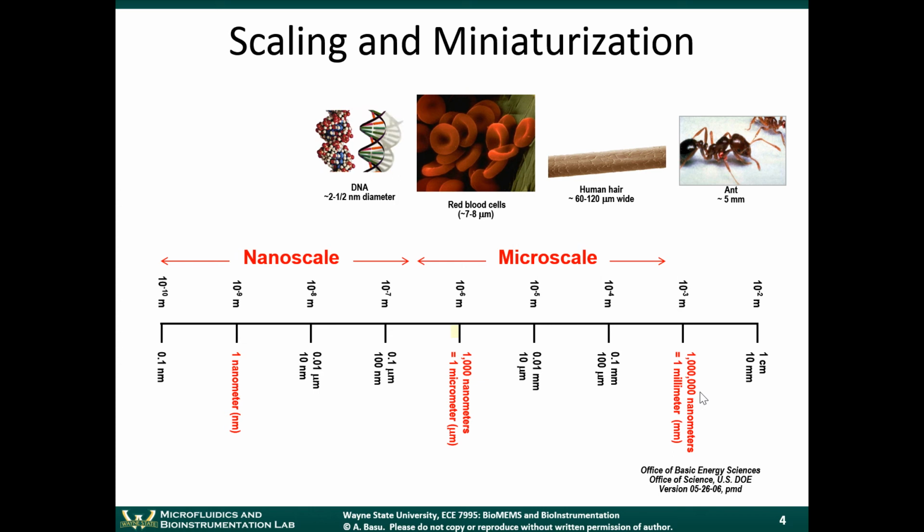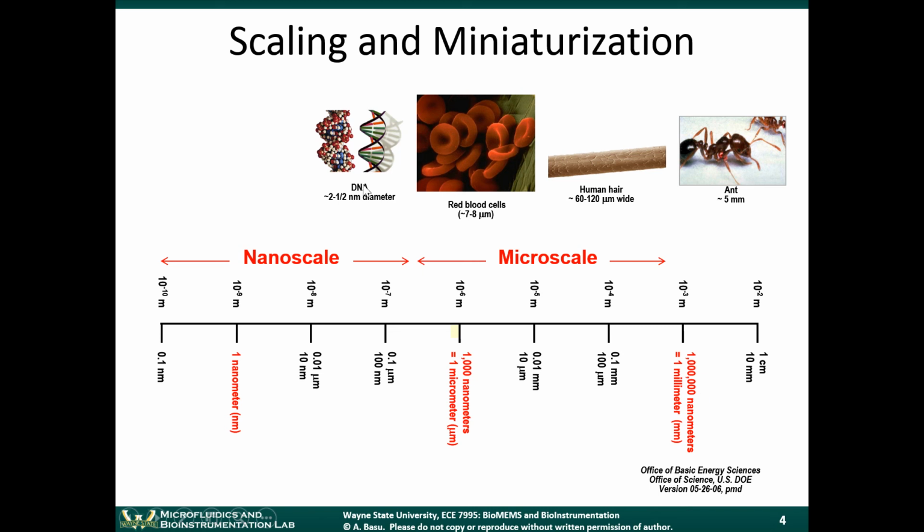Going from the micro to the nanoscale, next we have the DNA. DNA is typically 2.5 nanometers in diameter. We touched a little bit on nanopores, I believe, in the first lecture. Nanopores are used to actually read DNA sequences. It's a technology, or it's being proposed, to be able to read DNA sequences.